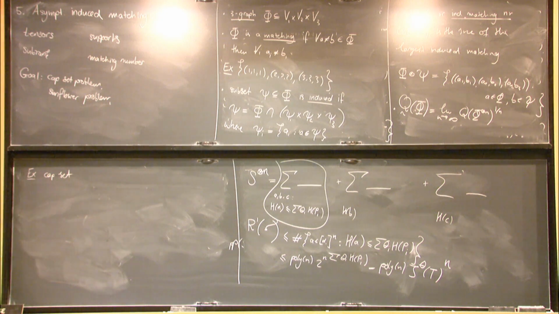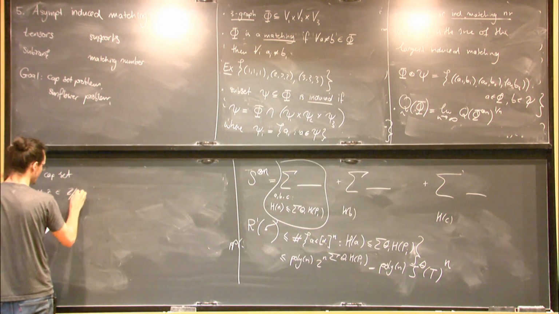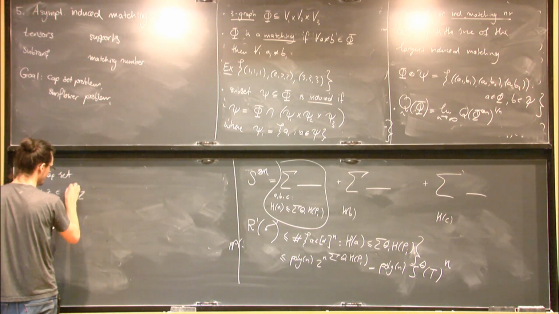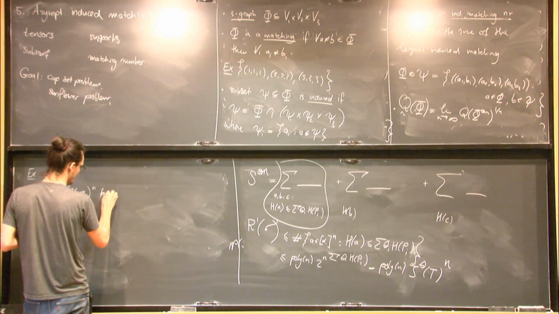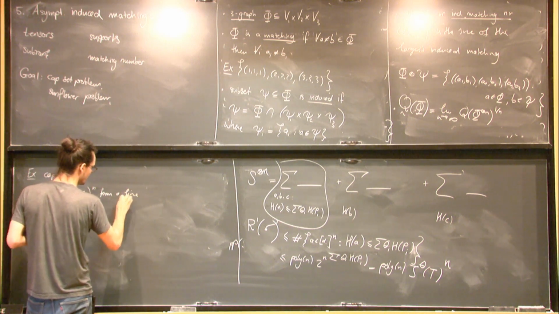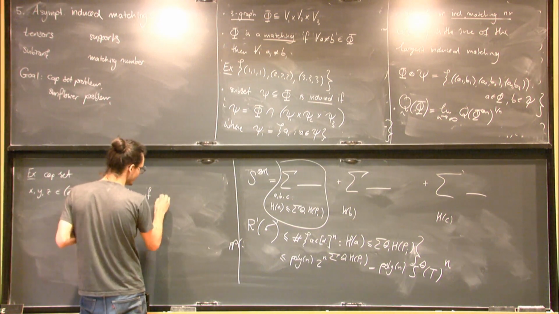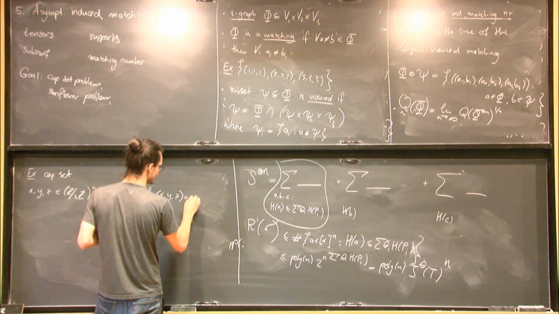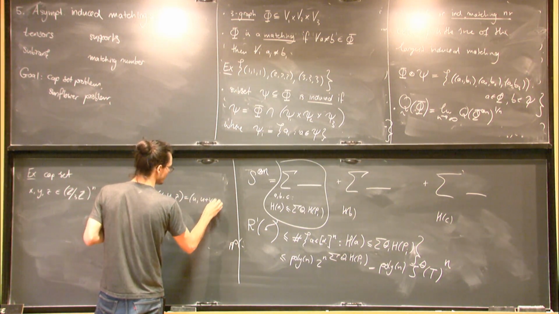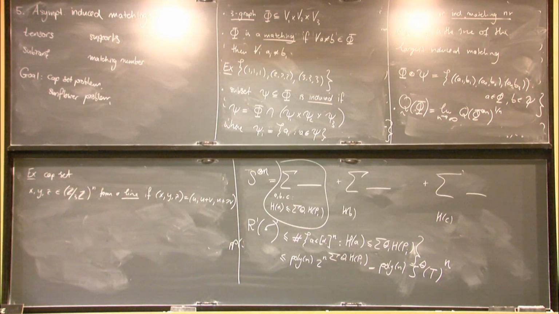We are looking at x, y, z in Z_3^n, and we say they form a line if for some u and v with v non-zero, we have that x, y, z equals u, u plus v, u plus 2v. Right, for some u and v with v non-zero.